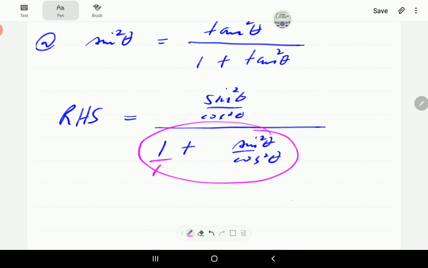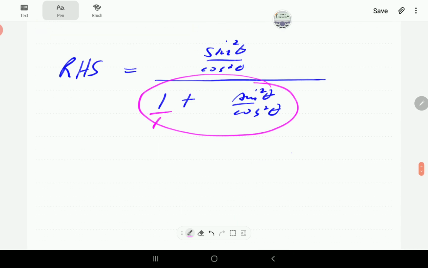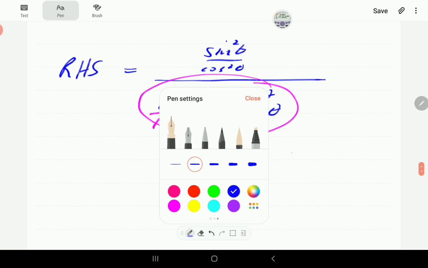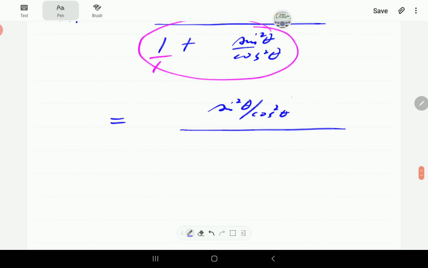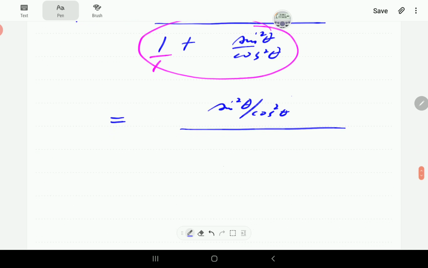So if you say over 1 here, then the LCM is going to be cosine squared. So sine squared theta over cosine squared theta is just the numerator. Then in the denominator we're going to have cosine squared theta. 1 goes into cosine squared cosine squared times.